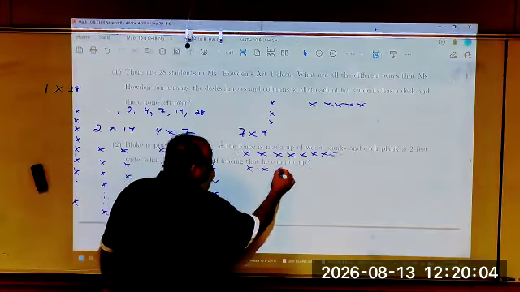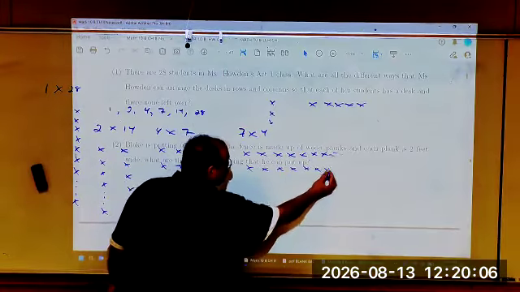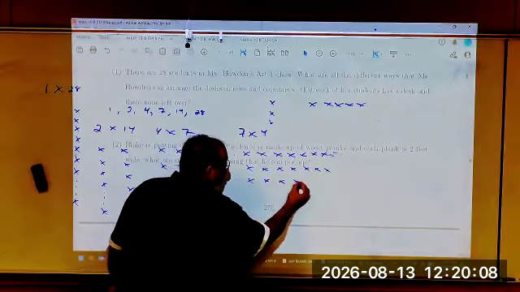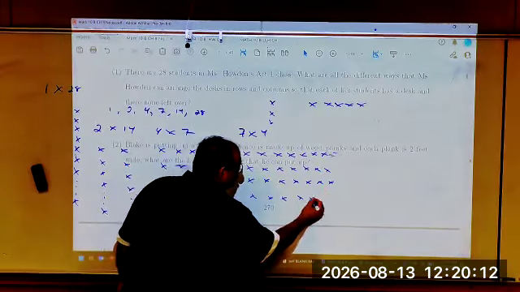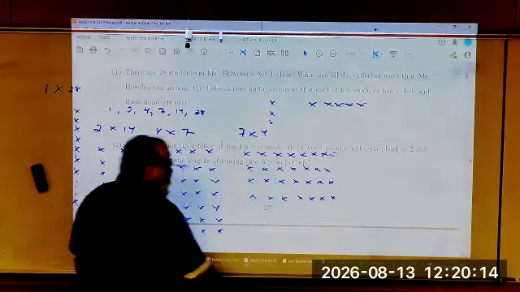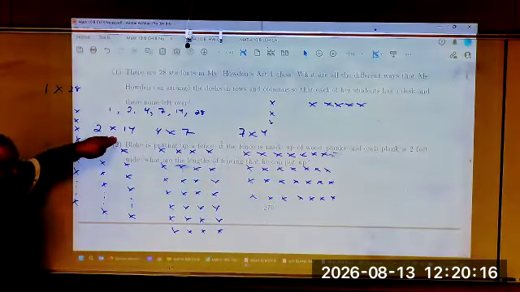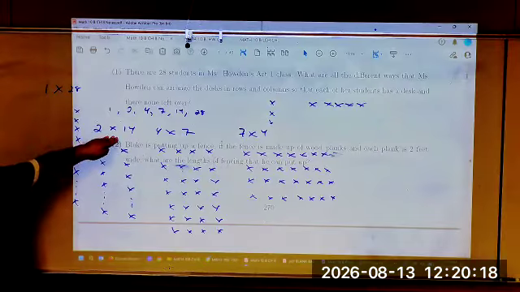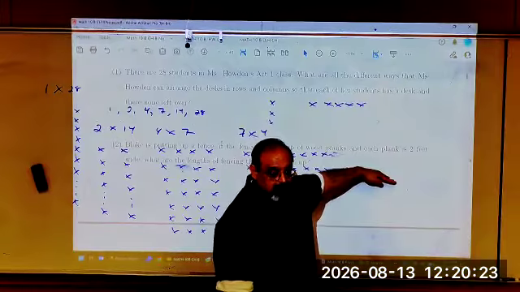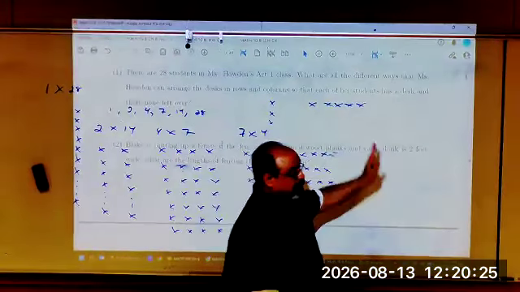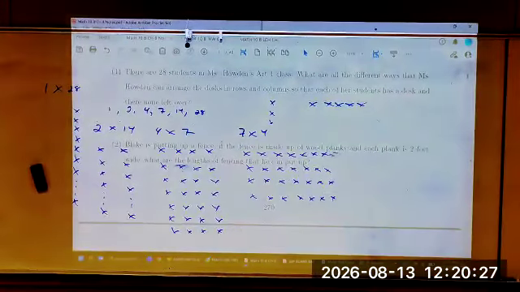And then you would have 4 in each. And then you would have 14 by 2. So you'd have 14 across, and there would be 2. And then you would have 28 by 1.